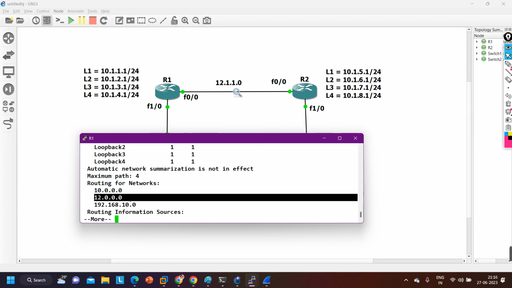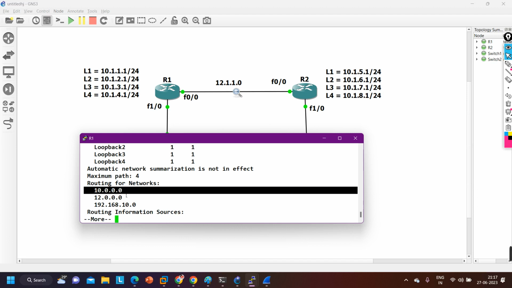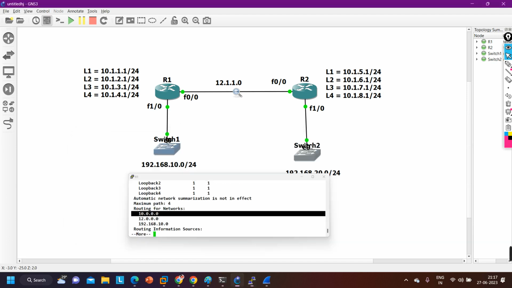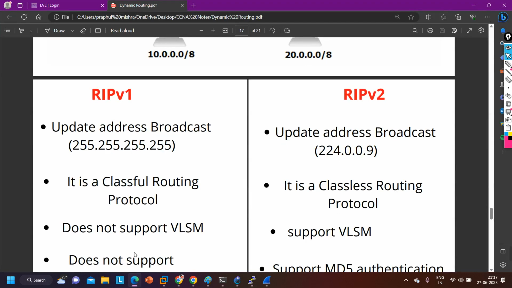So always keep in mind RIP version 1 does not support classless routing. It is advertising 10.0.0.0 still. So this is the difference between version 1 and version 2. We have multiple differences.